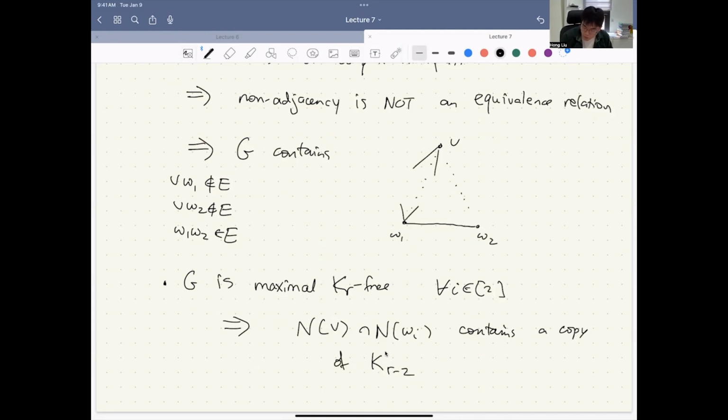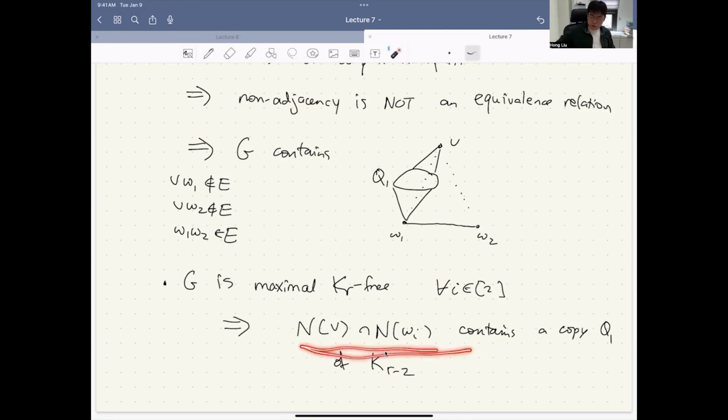In their co-neighborhood, there is a, let's call it Q1, K r minus 2. Because if this is not the case, you can keep adding edges in the co-neighborhood until it contains the K r minus 2.